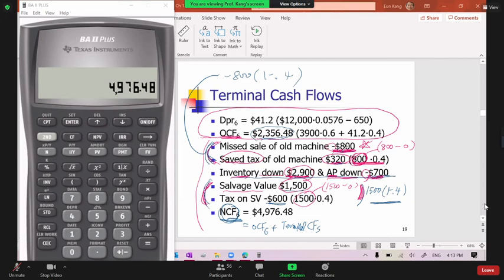So you can do minus 800 plus 320 plus 2900 minus 700 plus 1500 minus 600, or as I did, 2356.48 plus minus 800 times 0.6 plus 2900 minus 700 plus 1500 times 0.6. I think I prefer that. That's faster. Then you get net cash flow 4976. That is net cash flow 6, right?